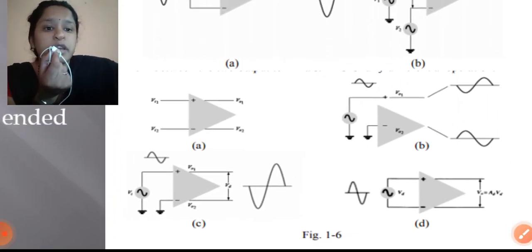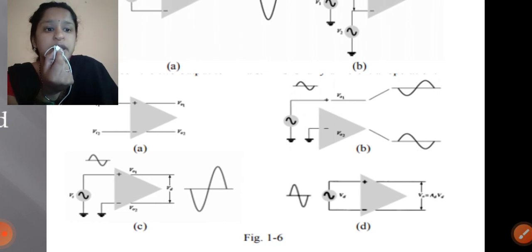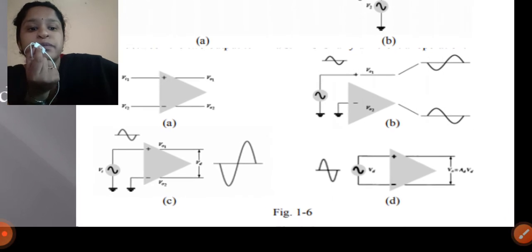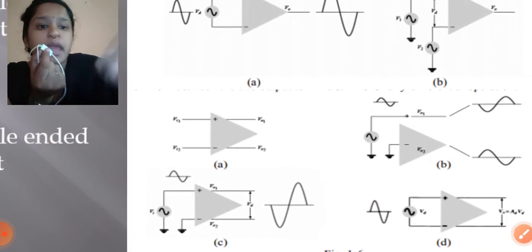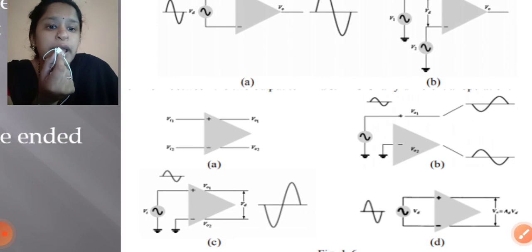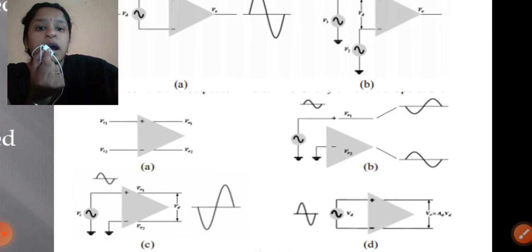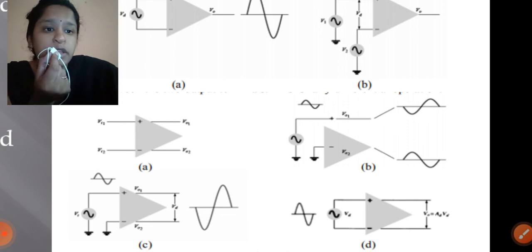This is the circuit for that one. We can connect it to the double-ended circuit. V1 and V2 we have connected, and V1 and V2 give two outputs.